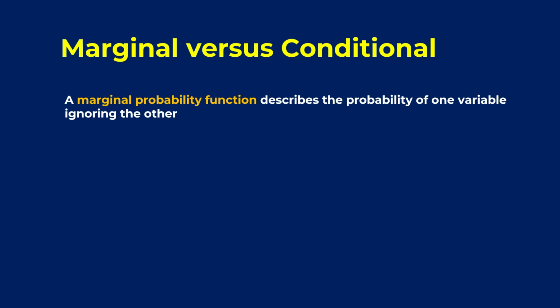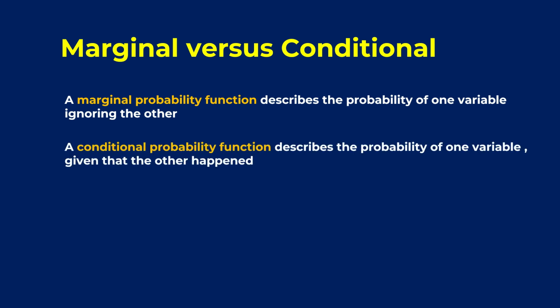So we are not concerned about whether the other variable or event has occurred or not. We are only interested in getting the probability of one variable. So we were interested in finding the probability of study regardless of passing or failing the exam.